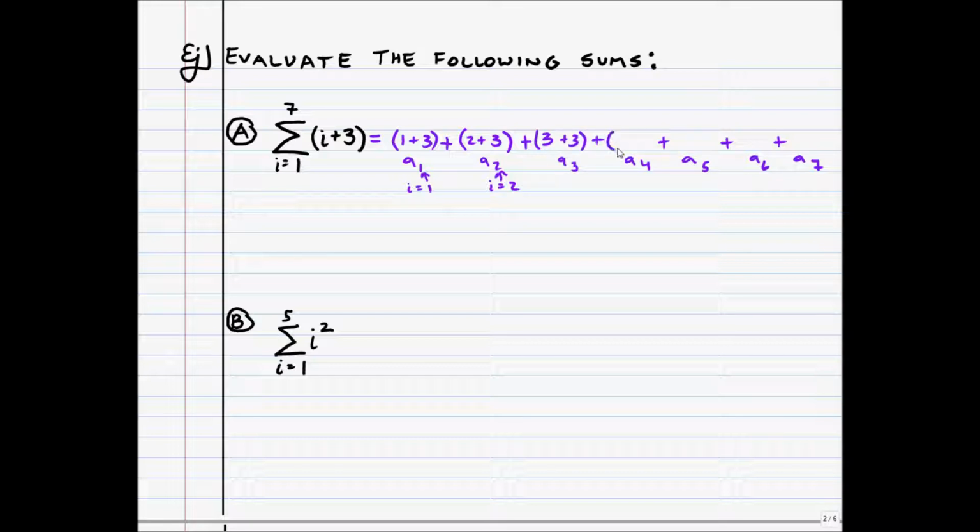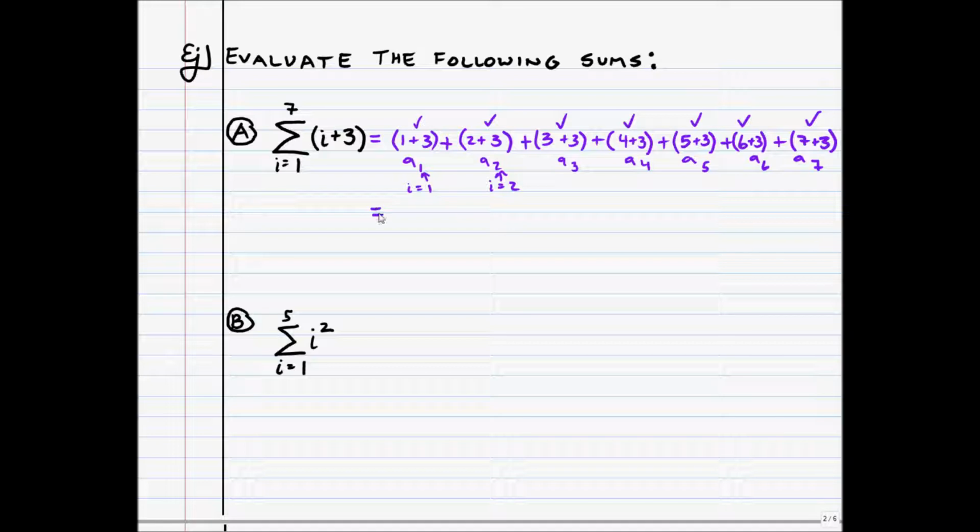I'm going to stop pointing to it and writing I equals, because I trust that you've got it. Next one will be 4 plus 3, then 5 plus 3, then 6 plus 3, and then, of course, 7 plus 3. What we have at the end is 1, 2, 3, 4, 5, 6, 7 individual terms that we're all adding up together. Of course, what do we get when we add them up?